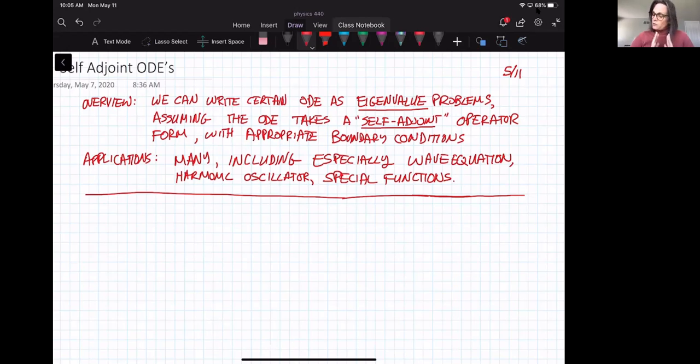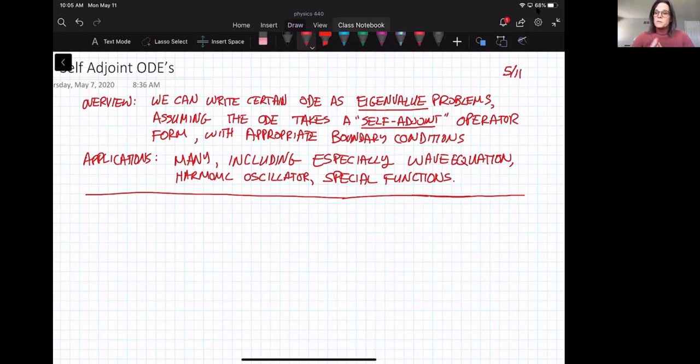As for today, it'll seem like a detour, but it's not. We just finished about a week and a half going over ordinary differential equations, eventually second order ordinary differential equations. Now we're going to look at a special class, or at least a special manipulation of those, namely self-adjoint ordinary differential equations.